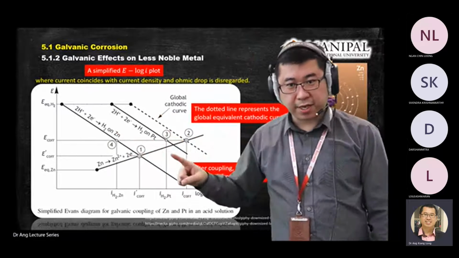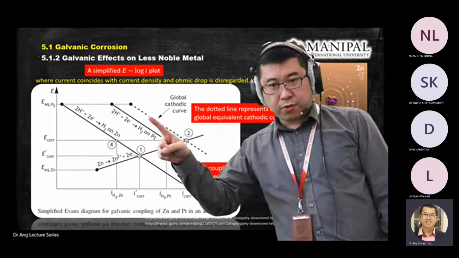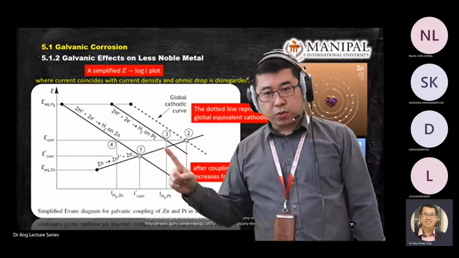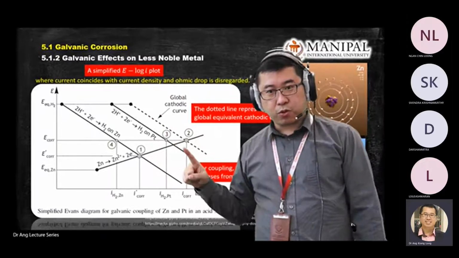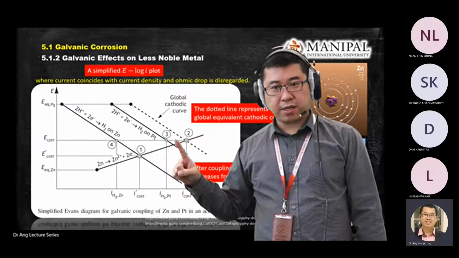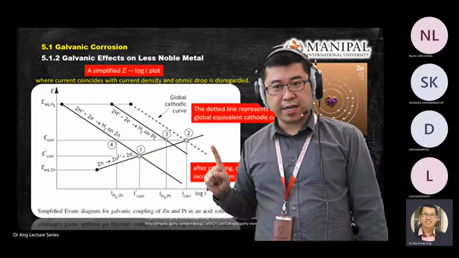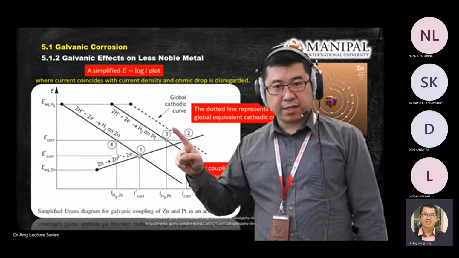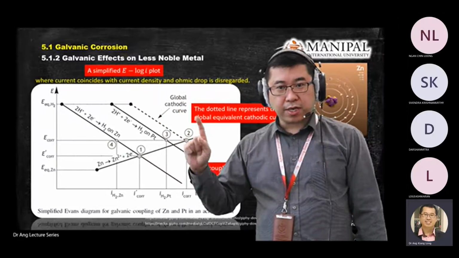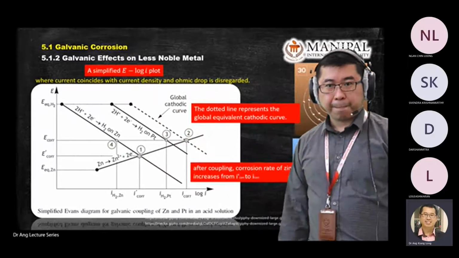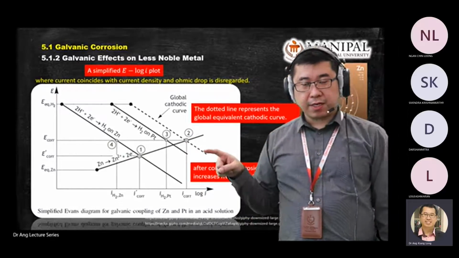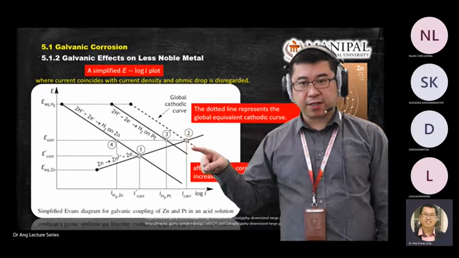The gradients are still the same. So if you want to find the global cathodic curve, you just put your ruler parallel to this line, and then push your ruler a little bit ahead until touching this line. You draw the dashed line to represent the global cathodic curve. It is very easy to find this line.